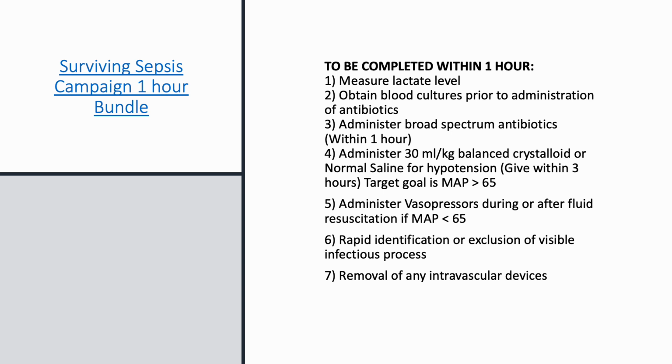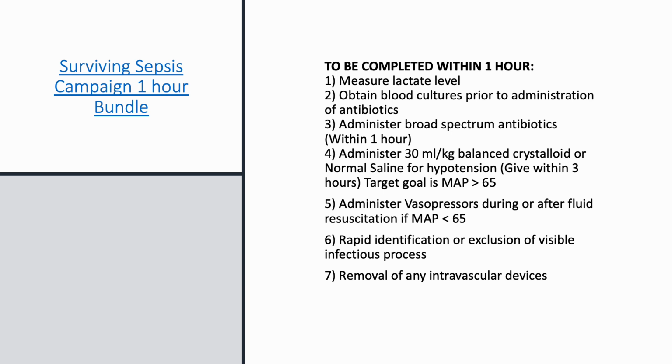You want to use dynamic indicators of perfusion rather than static ones. For example, passive leg raise, and if you're checking for capillary refill, or a 15% increase in systolic pressure can indicate improved cardiac output or stroke volume.